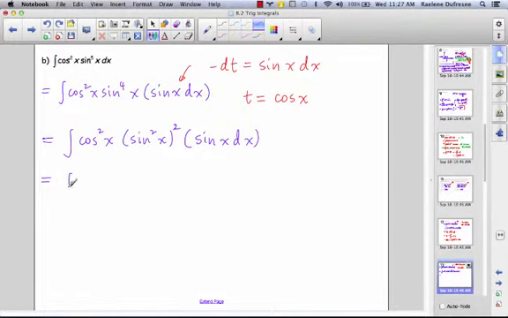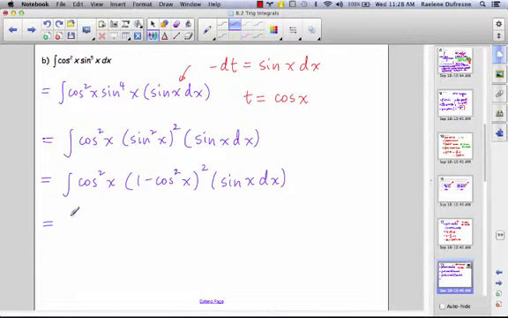So we're going to use the Pythagorean identity that says sine squared of x is 1 minus cosine squared of x. And we have that quantity all squared. So now we're ready to do our substitution. And when we substitute, we get t squared times 1 minus t squared all squared times negative dt.